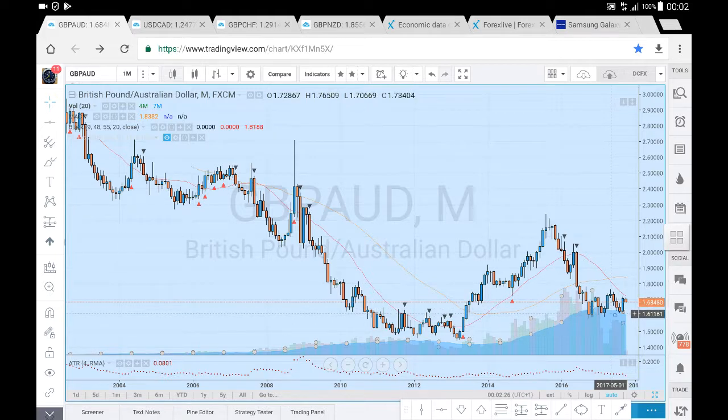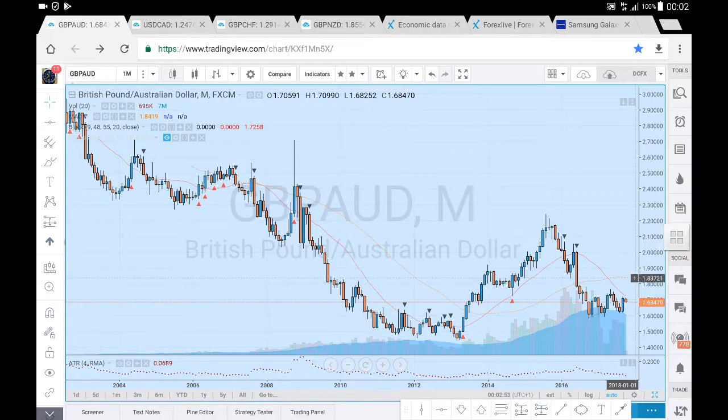What has happened here is we've found a base at around 160, so between 158 and 160. We have formed a base, because every time price came down there, it was immediately bought back up. So it suggests that it is a potential bouncing spot for a move all the way, and this is on the monthly time frame, bear in mind, up to 180.